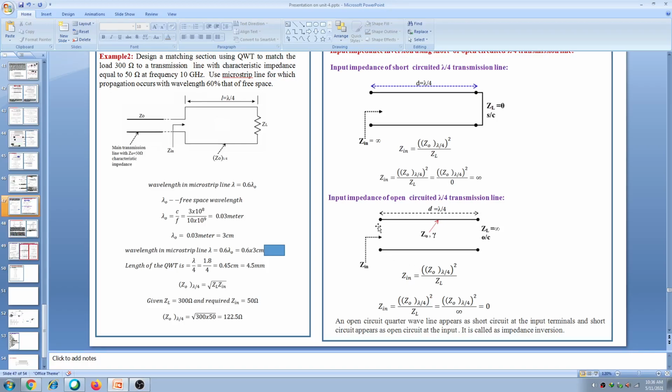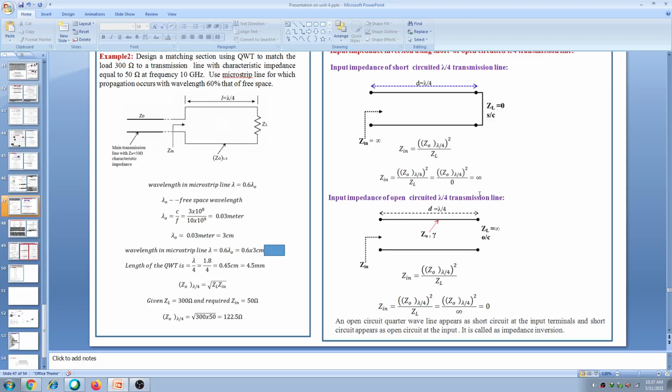The source feels like there is 0 impedance between these two terminals, so current will be drawn by this transmission line. So here it looks like a short circuit, but in the other case, if you connect a source here, current will not flow to this part. So this is how opens and shorts behave.